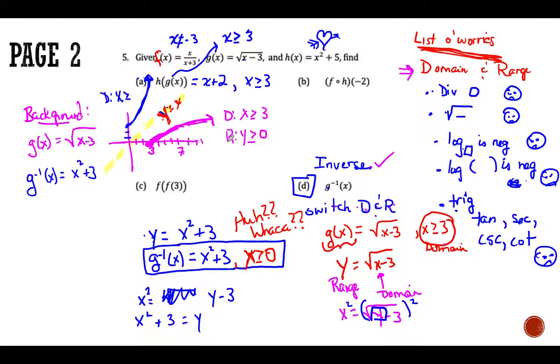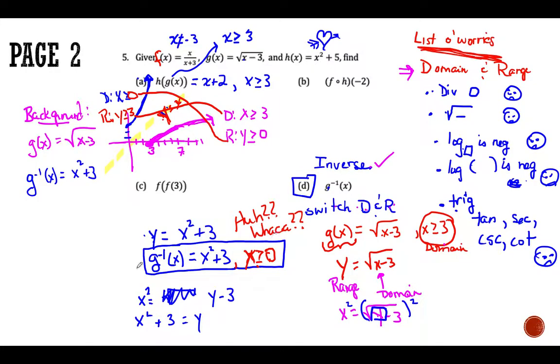Old range is new domain. Old domain is new range. And that's why in my inverse, x has to be greater than or equal to 0 for the new domain.